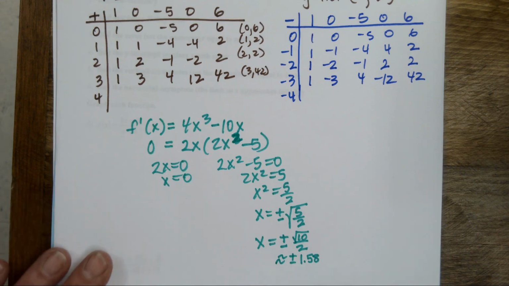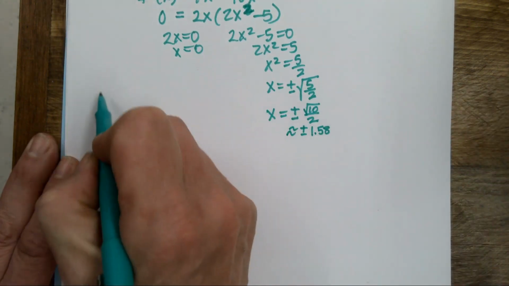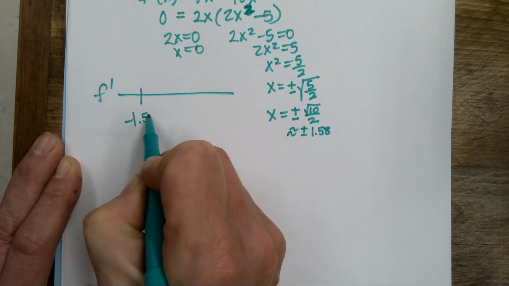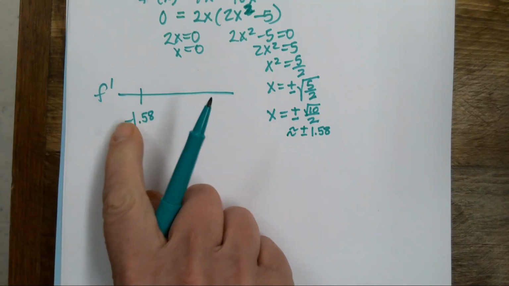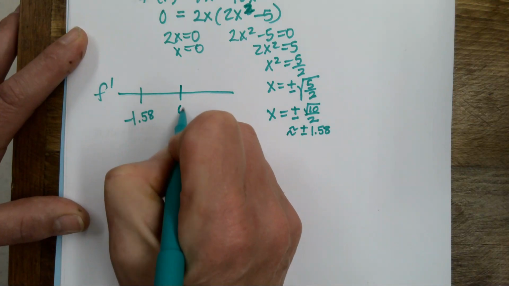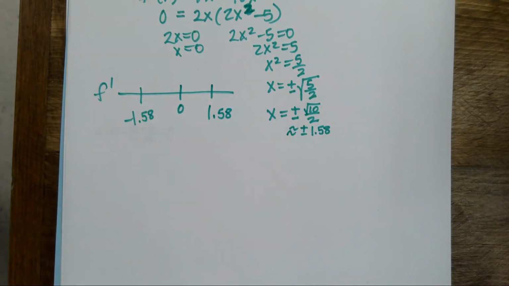So now I'll do my f prime table and figure out the rest of this. F prime, I've got about negative 1.58, and I'm just going to leave it like that. About negative 1.58, 0, and about positive 1.58. I don't need to be super duper exact.